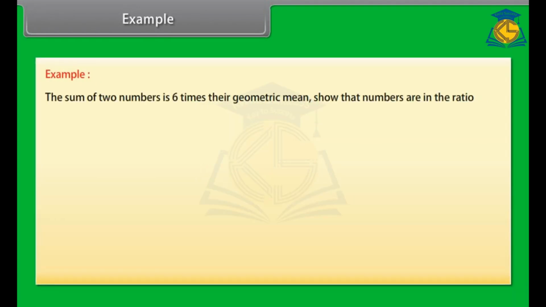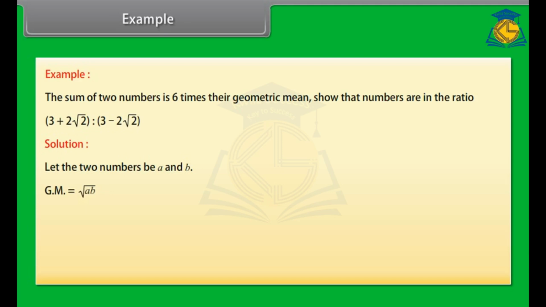Example: the sum of the two numbers is 6 times their geometric mean. Show that numbers are in the ratio. Solution: let the two numbers be A and B. Geometric mean equals square root of AB. According to the given condition, A plus B is equal to 6 into square root of AB.